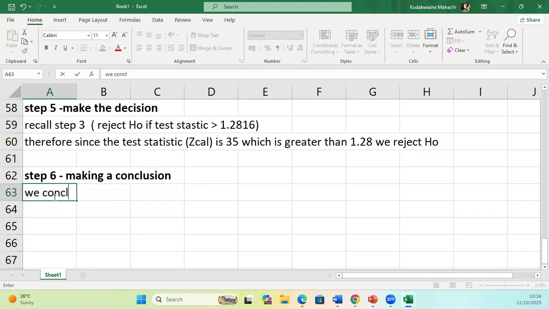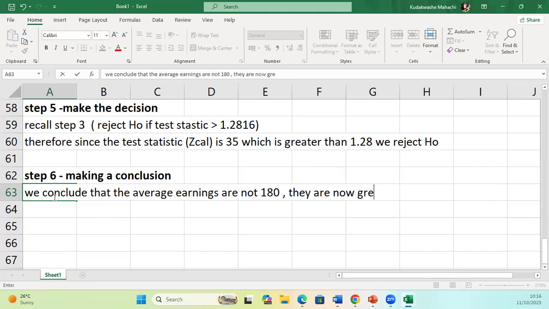We conclude that the average earnings are not 180. They are now greater than 180. So the conclusion is just repeating what H1 is saying, that the earnings are greater than 180.